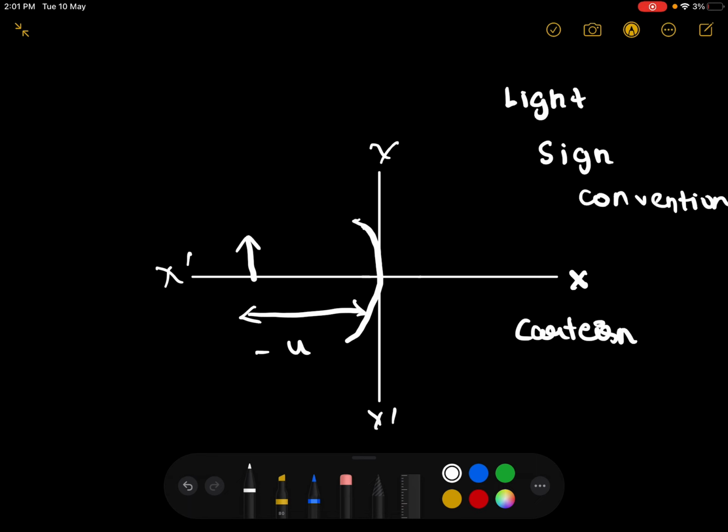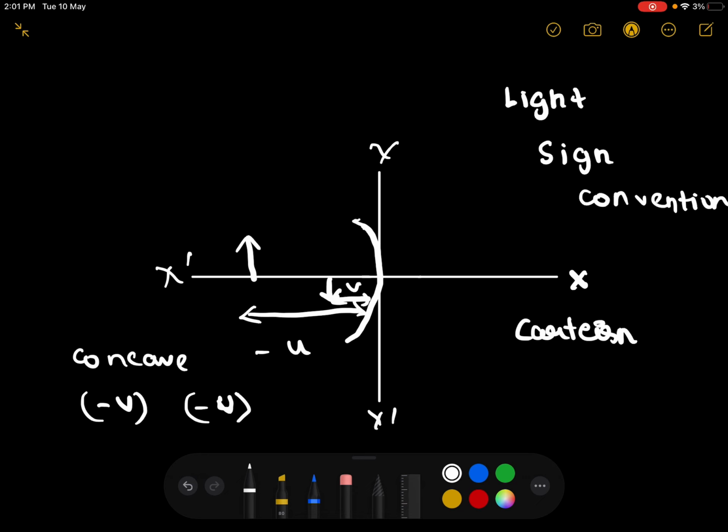If we take the concave mirror, the image will form somewhere like this. So here the value of v is also negative, so u and v are both negative. This is in case of concave.